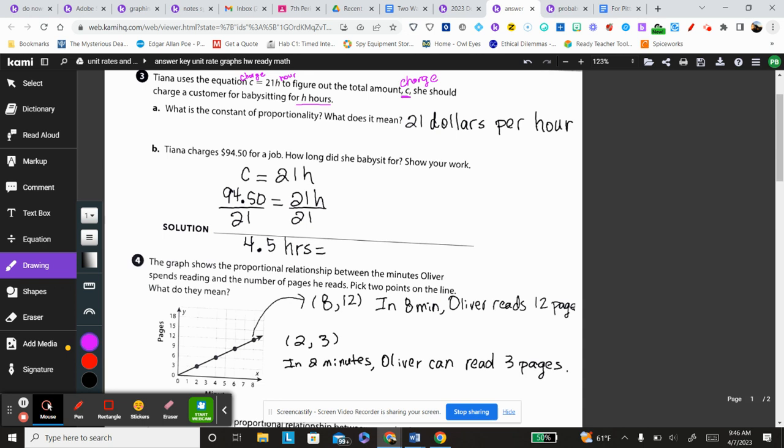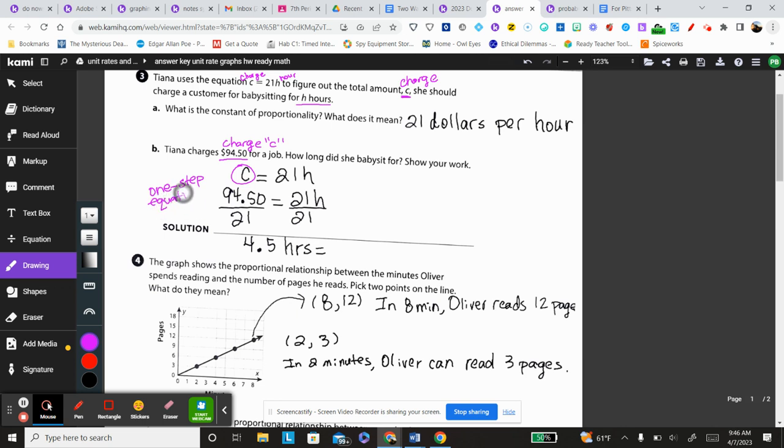Makes sense. All right, Tiana charges $94.50 for a job. So how long did she babysit for? All I did was write the equation down, and I changed C, which is the charge, to $94.50. Then I ended up with a 1-step equation, and I solved it.